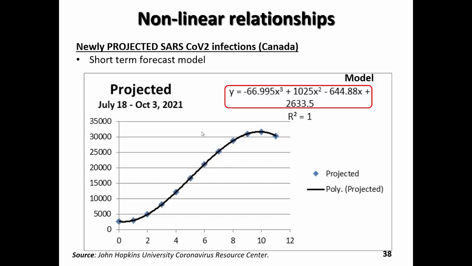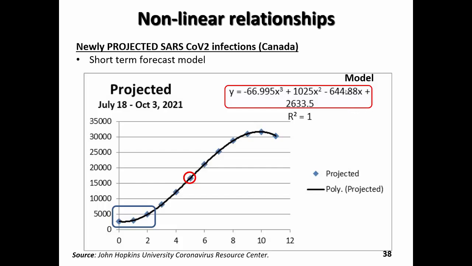And so the question with nonlinear regression modeling when it comes to producing a short-term forecast is how accurate is this model? So you see an R-squared value of 1. This is based upon the fact that the triangles were generated from the model and not the observed data. That's why we have an R-squared of 1.